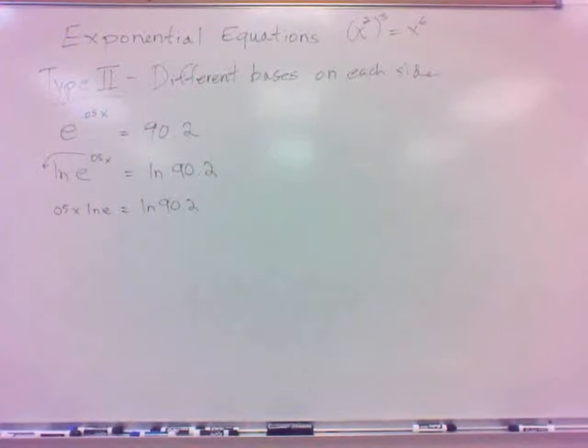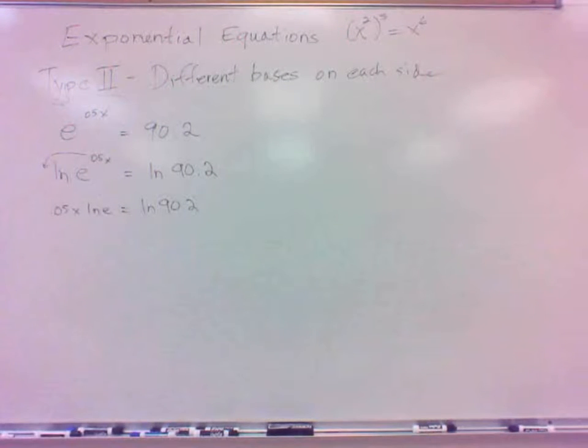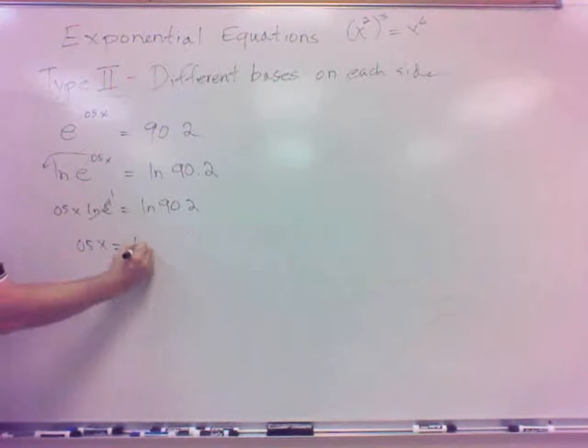Now, the good thing about this one is, it works even nicer than the other ones because of this. We just talked about that. What is ln of e always simplified to be? It's 1. ln of e is 1, so this side is just 0.05x, isn't it?